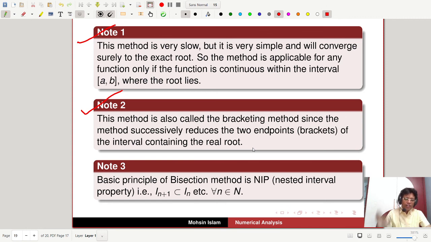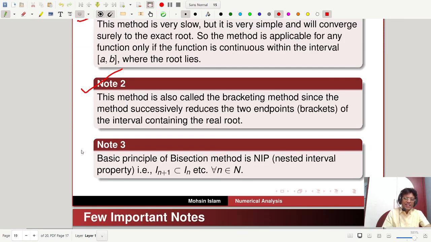Actually the basic principle of the bisection method is NIP, the nested interval property, which you know is very, very important in real analysis. In plus 1 is contained in In for all n belonging to the natural numbers. So the basic principle of the bisection method is NIP.